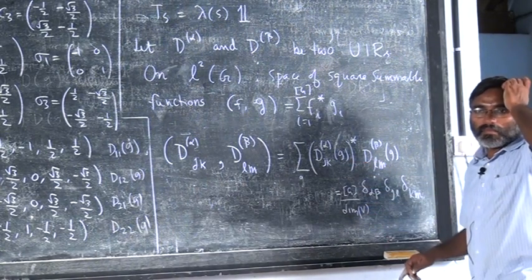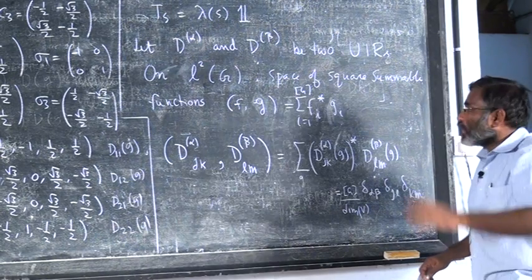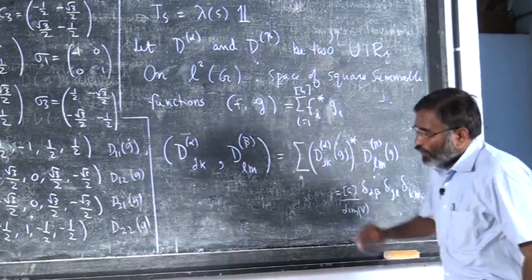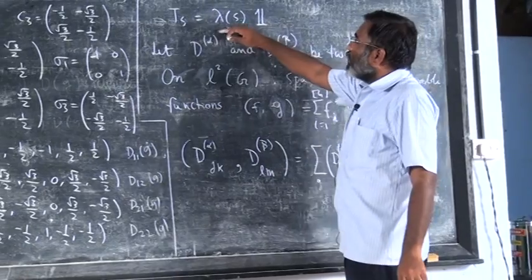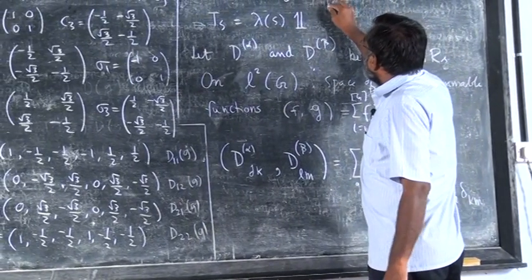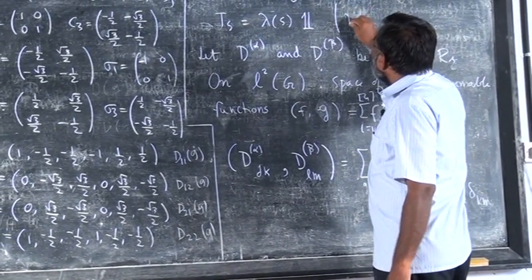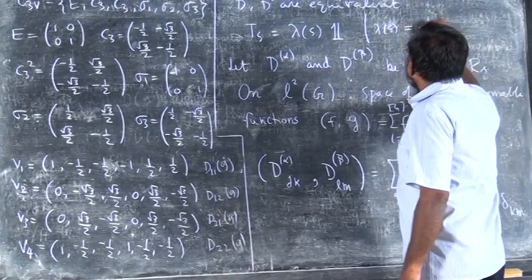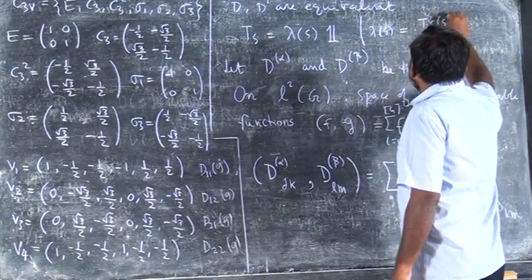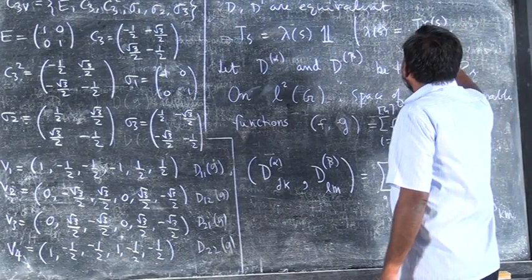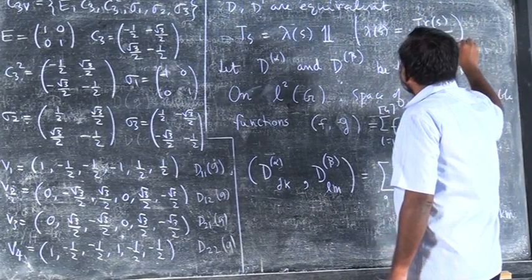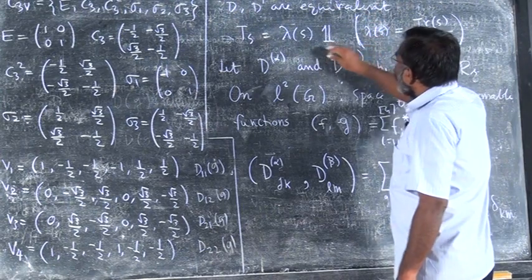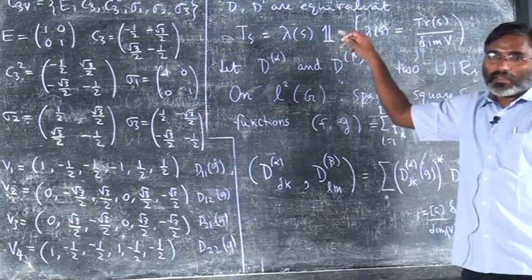How does it appear now that the relation, the dimension of... Okay. So there is something that I have left here. One can show that this lambda s is equal to trace of this s divided by dimension of V. The multiple of identity I left it here.